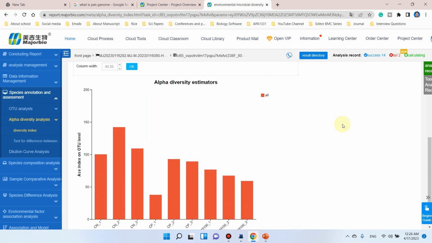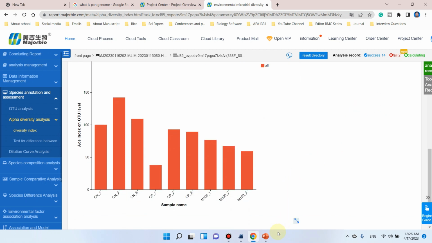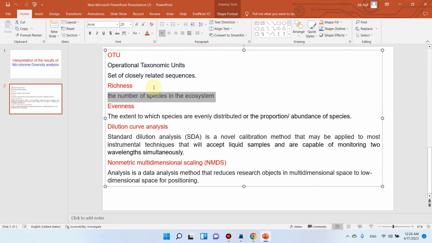But sometimes we know that the control negative, although the number is 3, may have a different kind of bacteria or different kind of microbiomes, and then richness will not always work for us. Then we have to go with evenness. Evenness refers to the extent to which species are evenly distributed, meaning which proportion is making up that number.